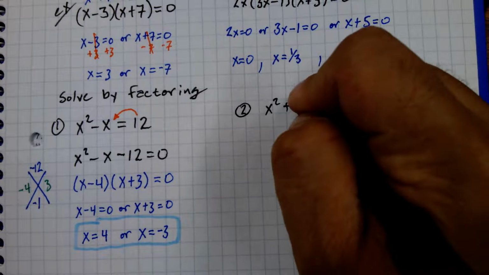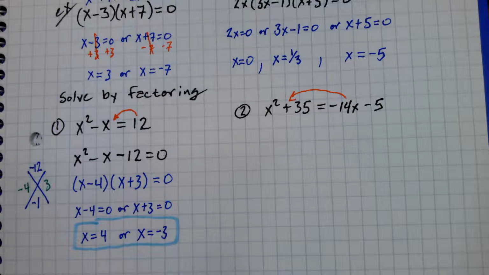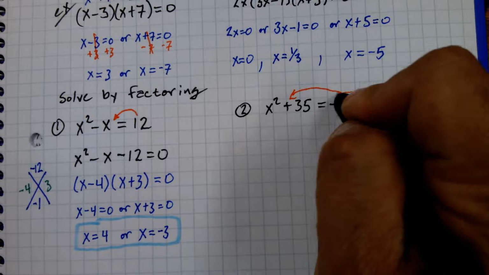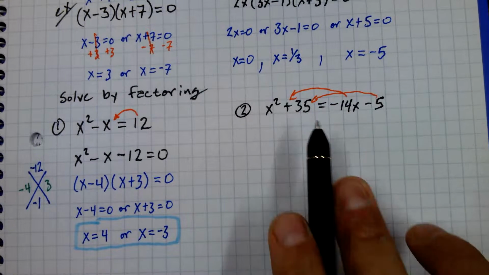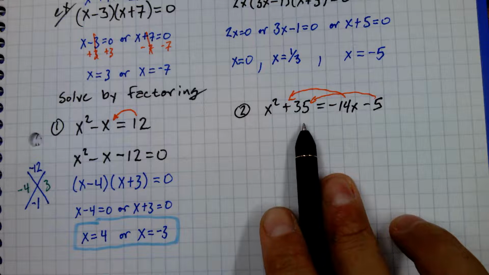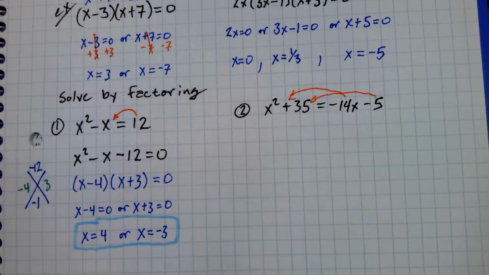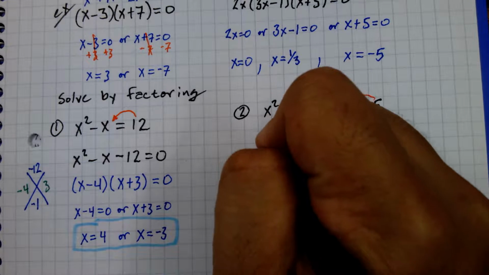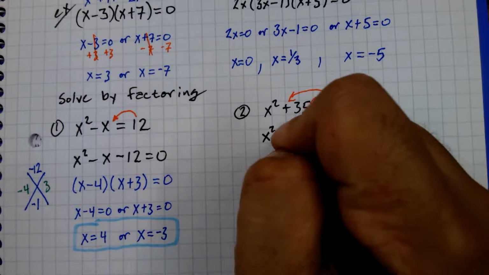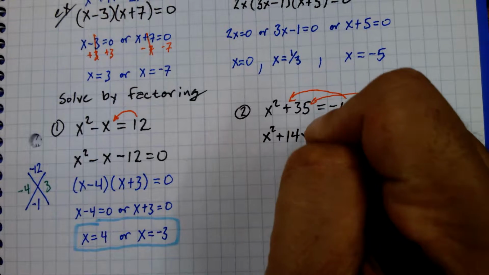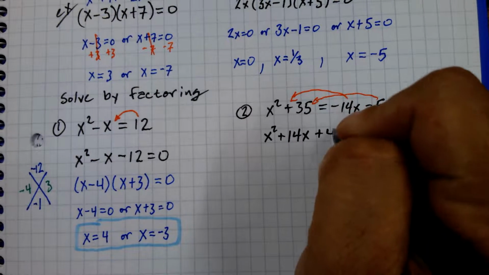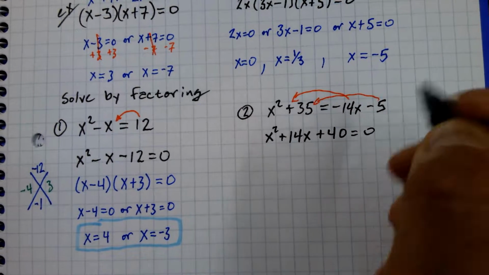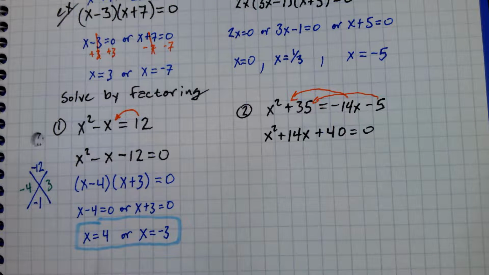We're going to move the negative 14x over. It's going to switch signs. We're going to move 5 over. It's going to have to go with the 35, right? So let's see what we get. What's our new equation after we move everything over? X squared plus 14x plus 40. Thank you. Remember, 35 and the negative 5 became positive, so it gave us a 40 now.